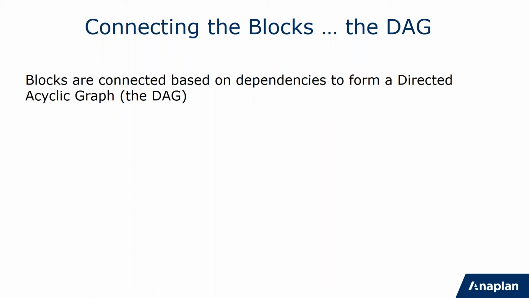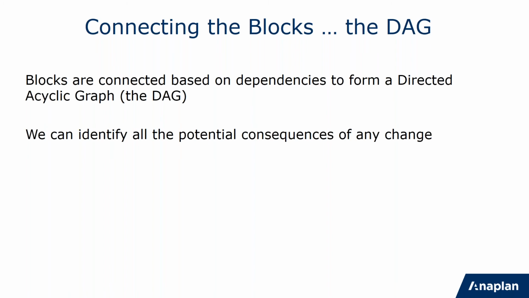Basically, it means that each connection has a direction, so a dependence from something to something else, and that there's no circularity. You probably come across this quite a lot trying to do some calculations, and it comes back and says you can't do this because that would be a circular reference. And because we don't have circular references, we can have this directed acyclic graph.